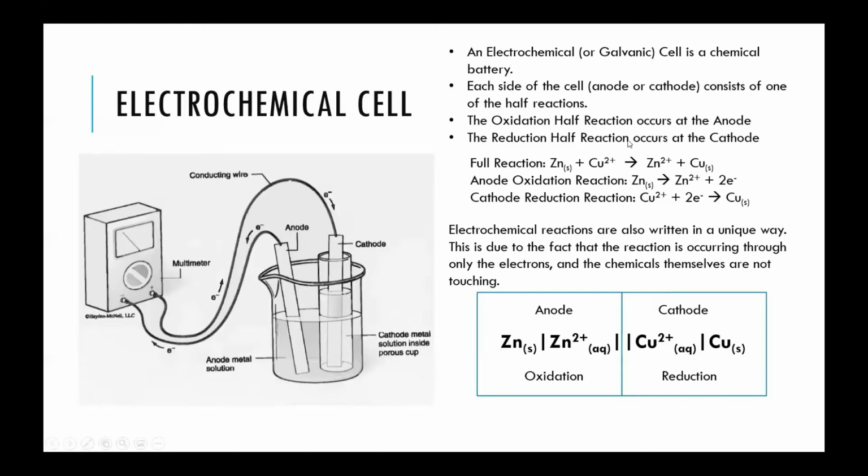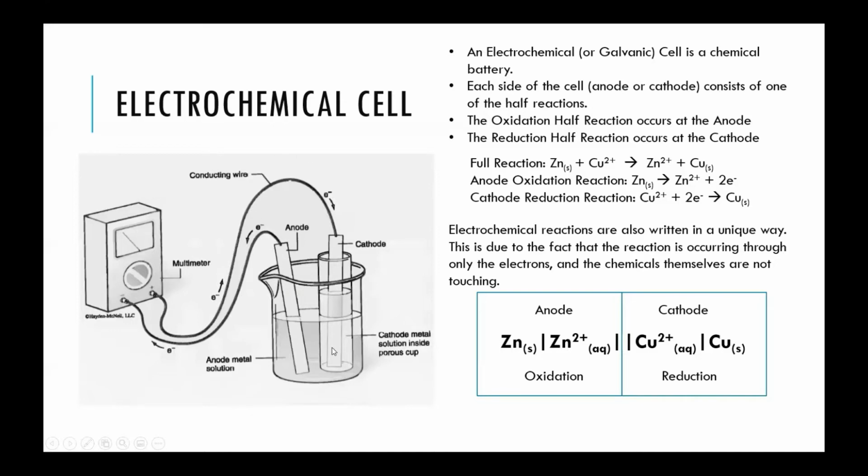It's a very well-defined redox reaction. It happens fairly quickly, where you'll see the zinc metal reacting with copper 2+ to form zinc 2+ and copper metal. But in an electrochemical cell, they're completely separated, but the reaction still occurs.